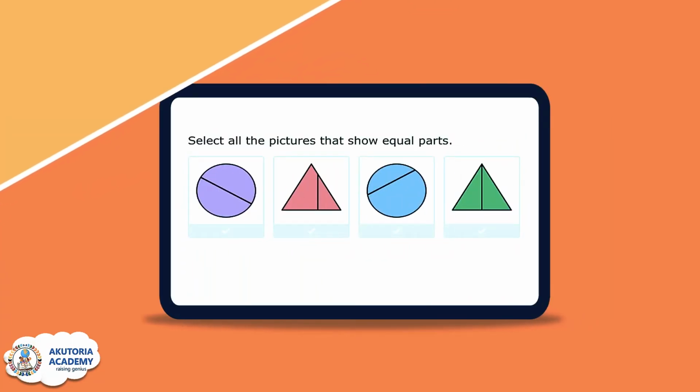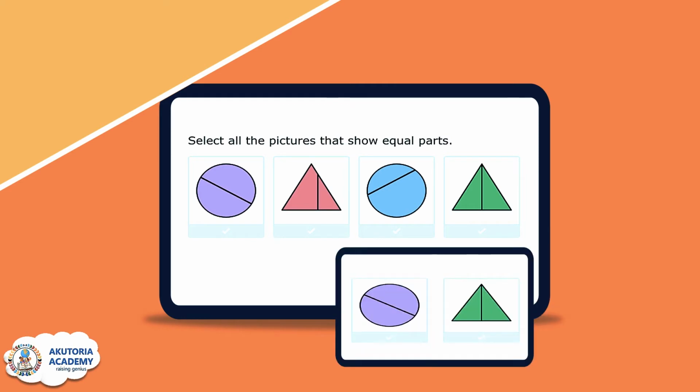Now let's answer some questions on fractions. The first is, select the picture that shows the equal parts. The light purple circle and the green triangle show equal parts because they are divided into 2 equal parts.